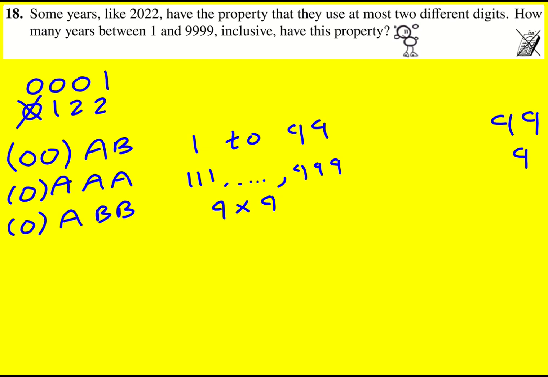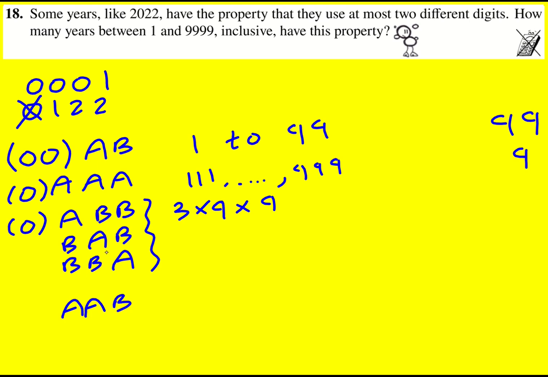But I also need to look at the different rearrangements because I could have B, A, B, or I could have B, B, A, and all of those would give different things. So I'm going to need to times my result by 3. Notice I'm not interested in A, A, B because that would give me all the same answers as B, B, A. That's quite important, and it will be even more important later on. So 9 times 9 is 81, times by 3 gives us 243. Hope you're happy with that.